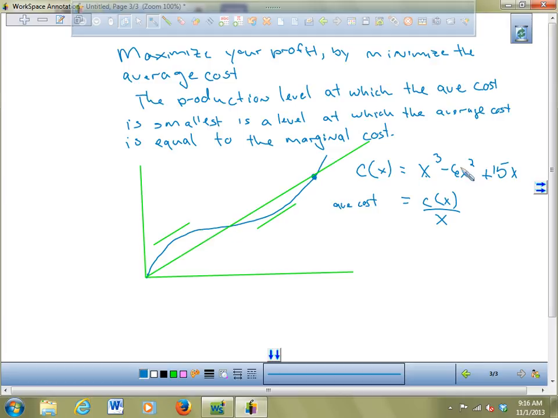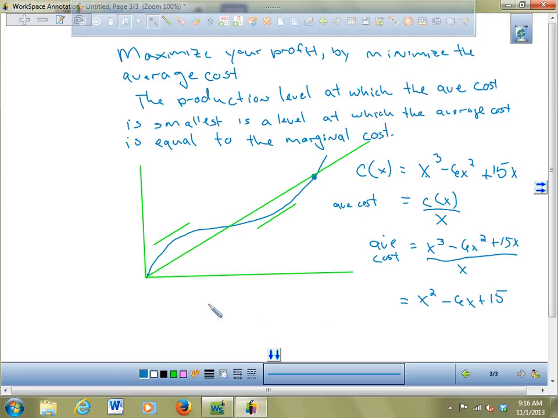So to find the slope of that line, I do it like this. Average cost can be found by dividing the cost equation by x: x cubed minus 6x squared plus 15x divided by x. And if I do that, I get x squared minus 6x plus 15. Okay? That's your average cost equation.